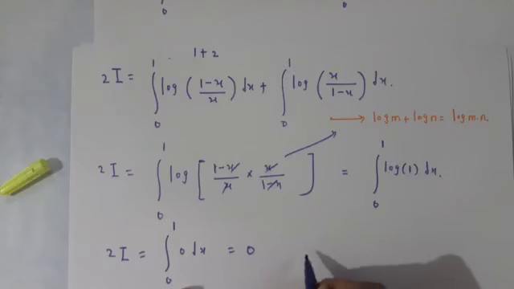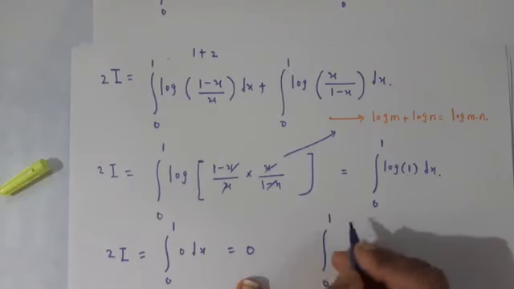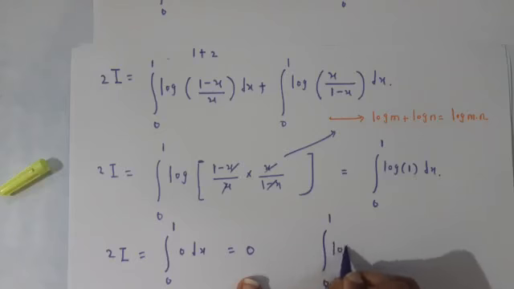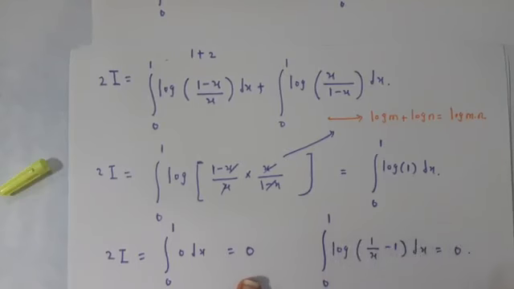So the integration of 0 to 1 log of 1 upon x minus 1 with respect to x is equal to 0.